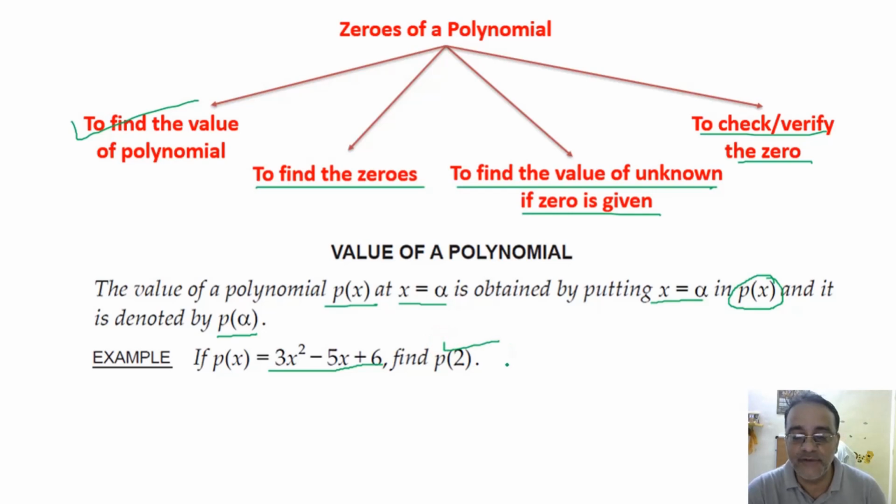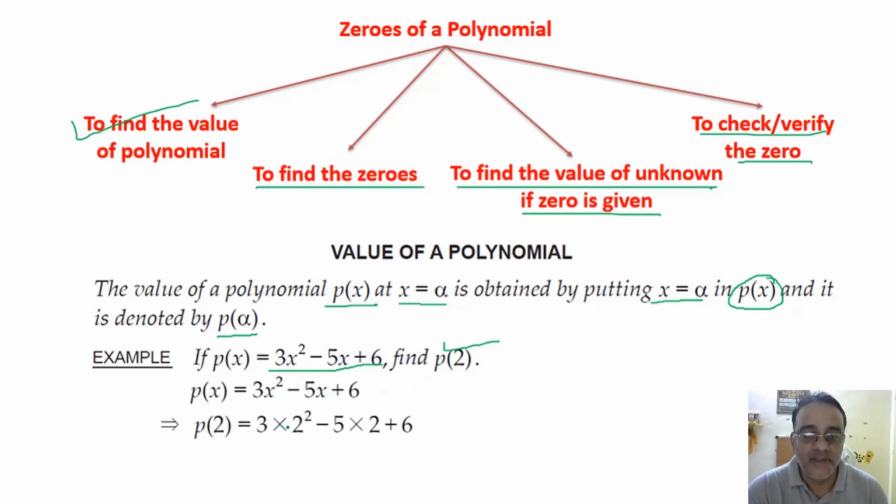We substitute x equals 2. So p of 2 is 3 into 2 to the power 2 minus 5 into 2 plus 6, which becomes 12 minus 10 plus 6. The final answer is 8. So 8 is the value of p of 2, or the value of the polynomial at x equals 2.